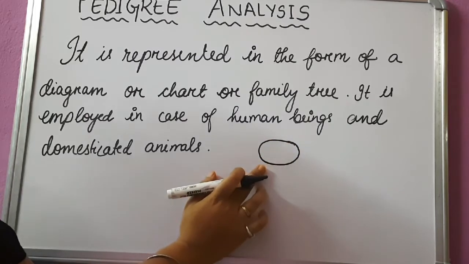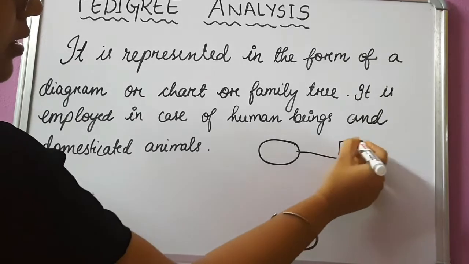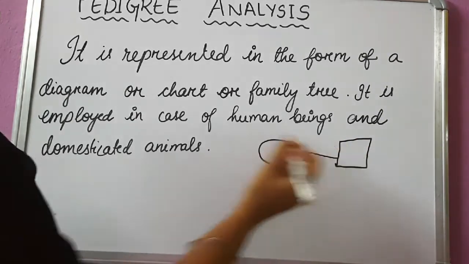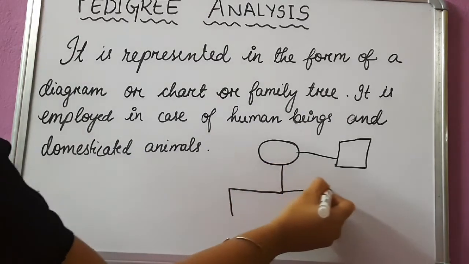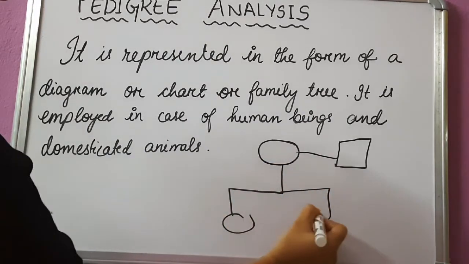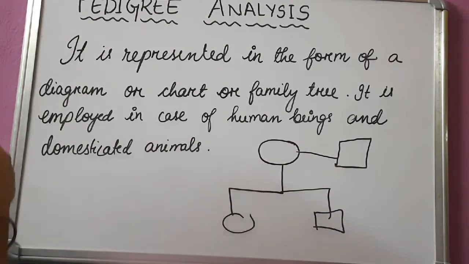This is for female. This is mating. This is a male. In this way, the chart goes on and on. It is represented in the form of a diagram or a chart or a family tree.